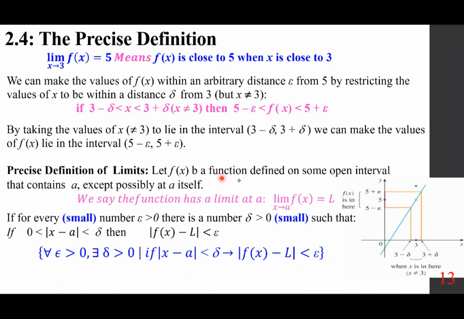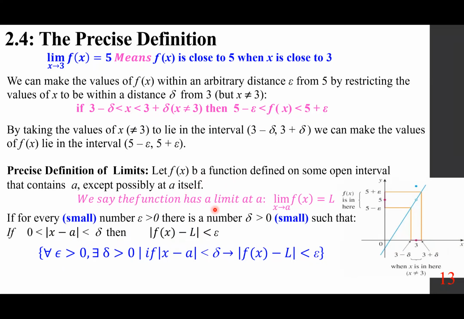Precise definition of a limit says, let f of x be a function defined on some open interval that contains a except possibly at a itself.